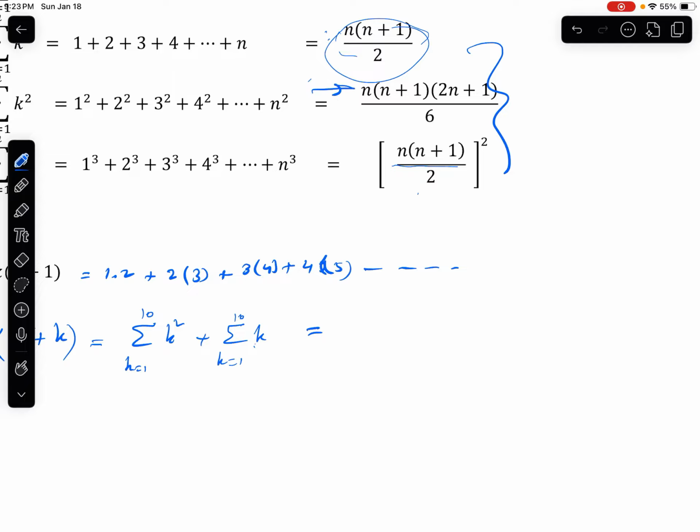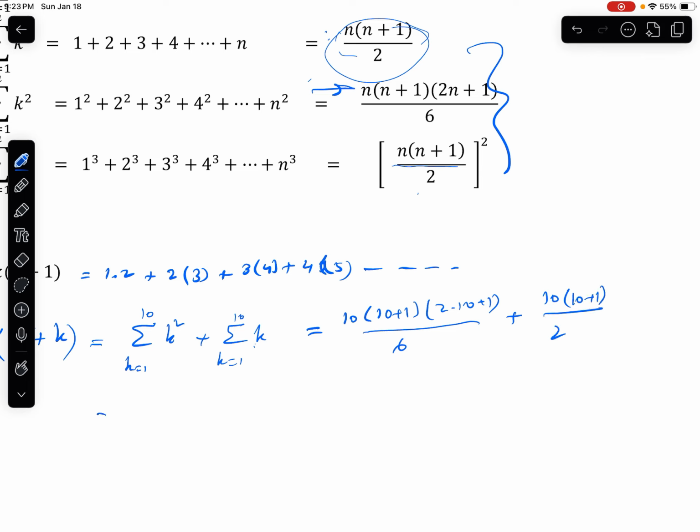So I get 10 into 10 plus 1, maybe keep it like that for now, times 2 into 10 plus 1 whole divided by 6, and then plus the summation of k, which is just n into n plus 1 over 2. Our n is 10, so 10 into 10 plus 1 over 2.